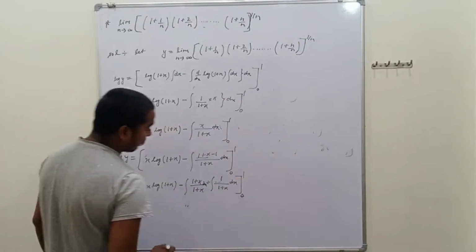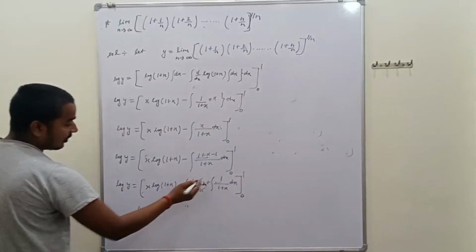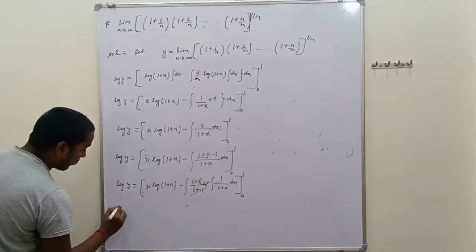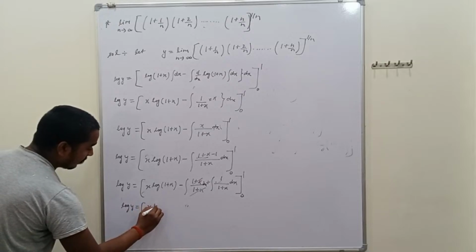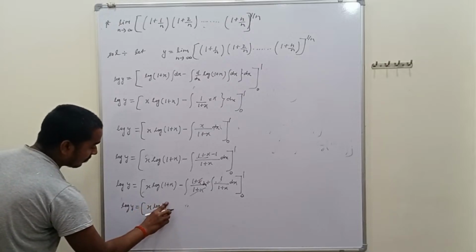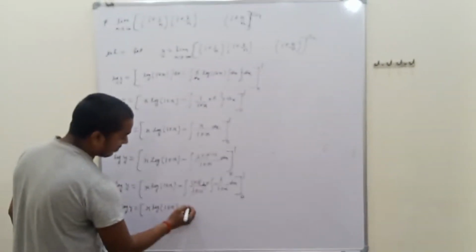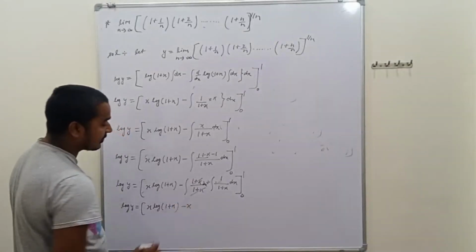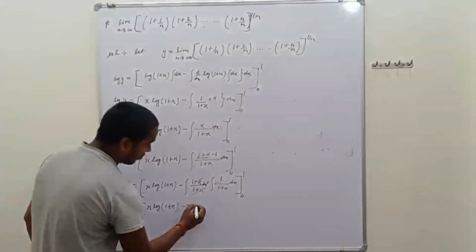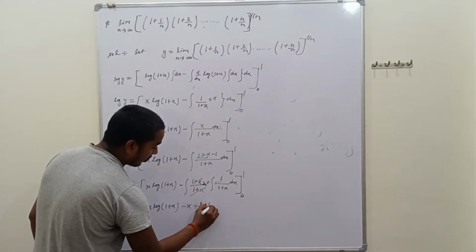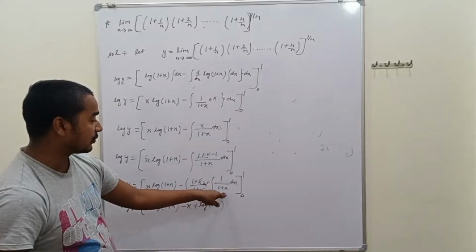Limit is 0 to 1. From here, 1 + x by 1 + x is cancelled out, remaining is dx. On integration of dx is x, we can also write log y is equal to the bracket x log(1 + x), and the integration of dx is minus x, and from here, dx upon 1 + x is plus log(1 + x). When 1 + x is differentiated with respect to x, that is 1, nothing to change.